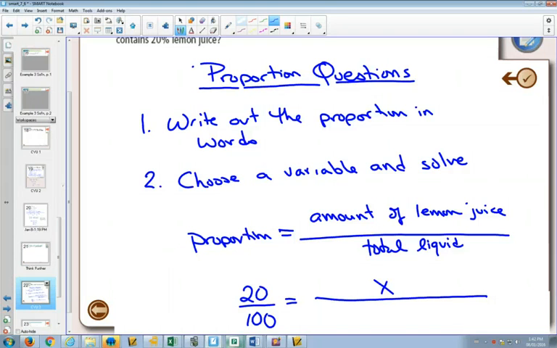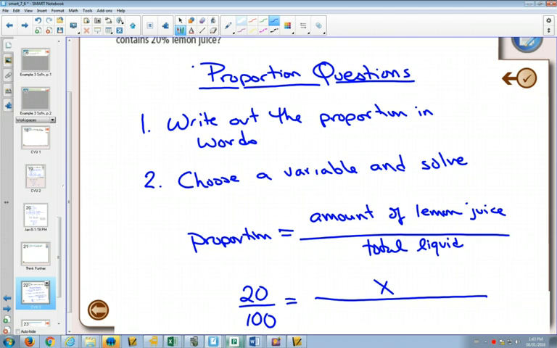What is the total amount of liquid? It's not going to be 2 liters. It's going to be the 2 liters plus however much, every time you add some lemon, you have more liters now, right? Because if I add 1 liter of lemon juice, that's not going to give me 50% lemon. Because once I add that 1, now what's the total? There's 3 liters in total.